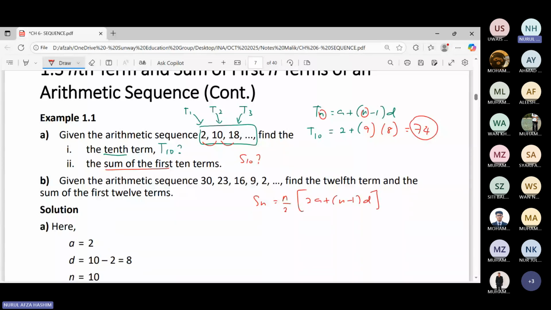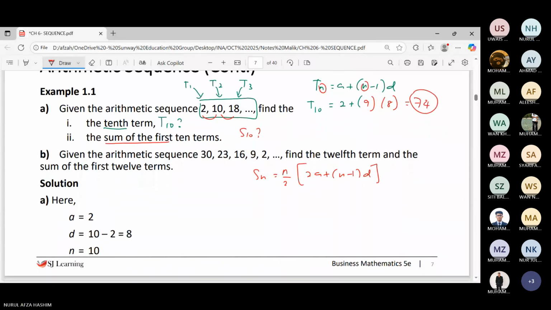So for S10, n is 10. So 10 over 2 multiplied by 2a, plus n minus 1, which is 9, and the difference is 8.